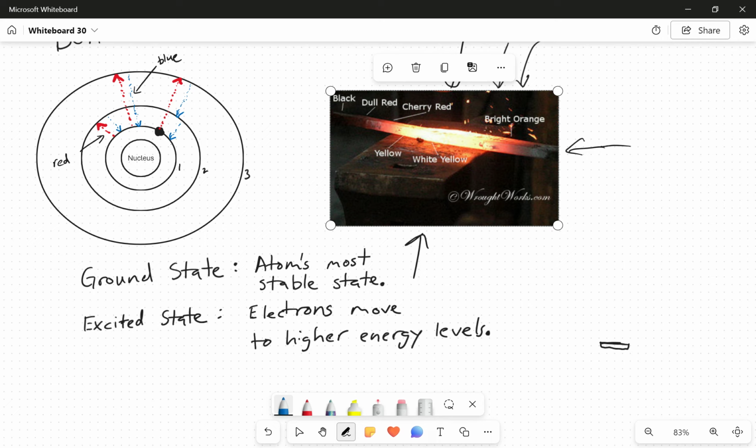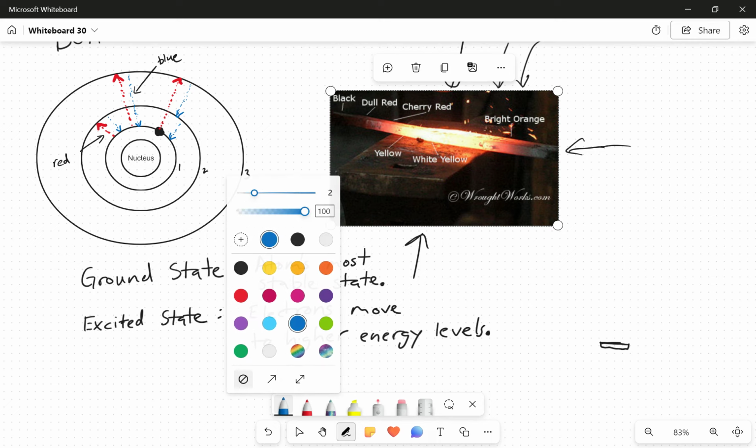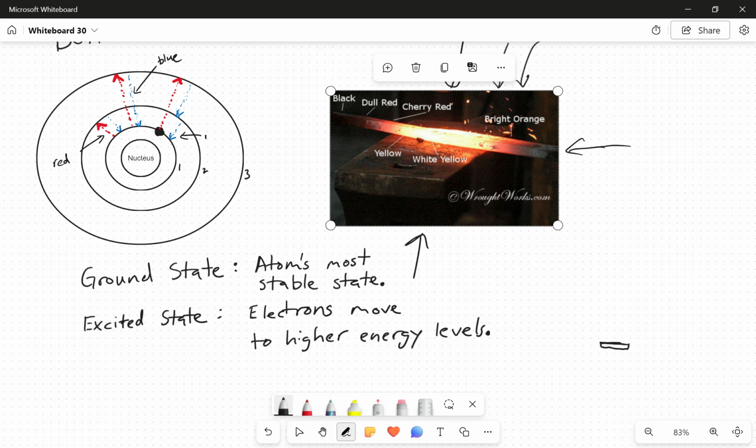Now we've already established that going from 2 to 1 is red. So the red might be brighter, for instance. It might be more intense. And the fall from 3 to 2, that could be, I don't know, yellow.